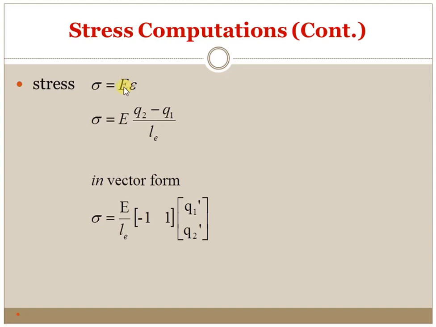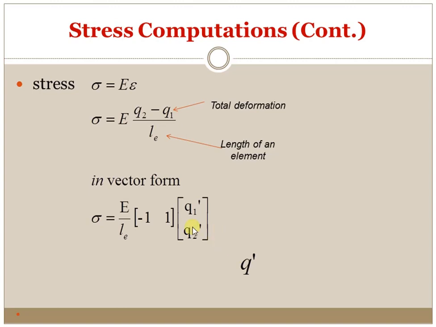We can rewrite it as sigma equals E into strain, where strain is the change in length upon original length. We can write (Q2 minus Q1) upon the original length, which is the length of that element. In vector form, we can rewrite sigma equals E by L_e times [-1 1] times [Q1 dash, Q2 dash].